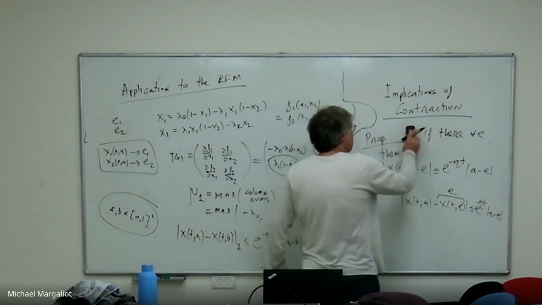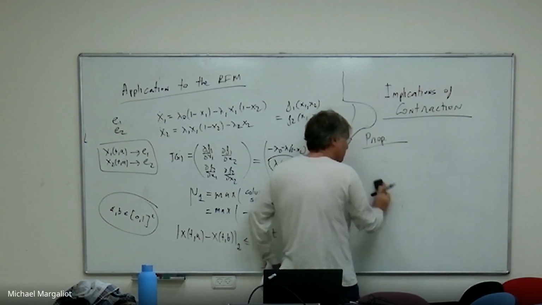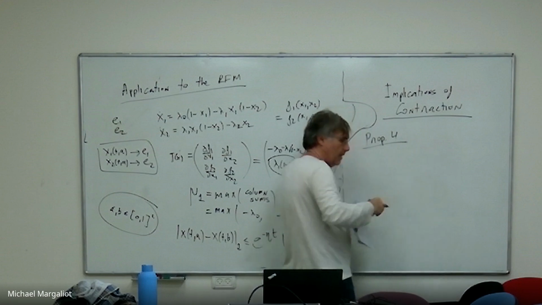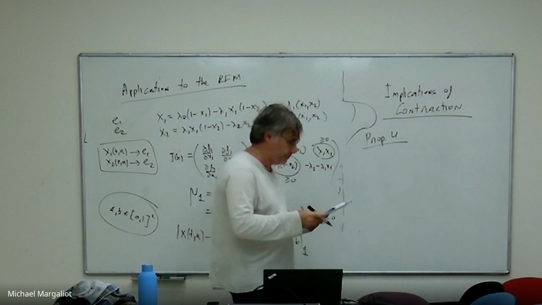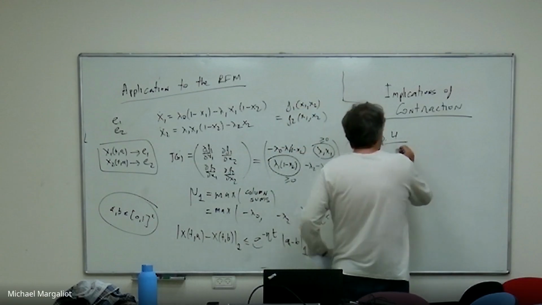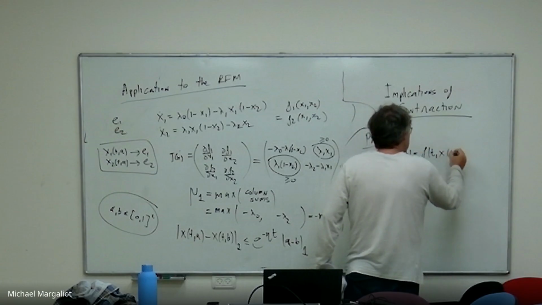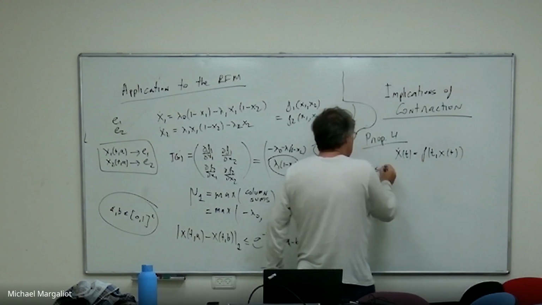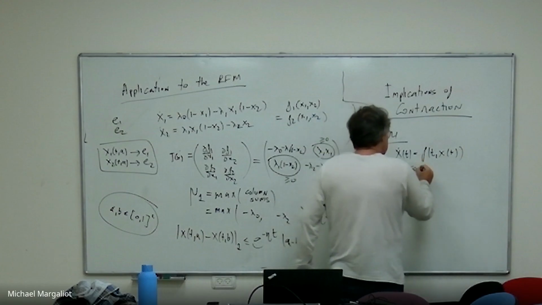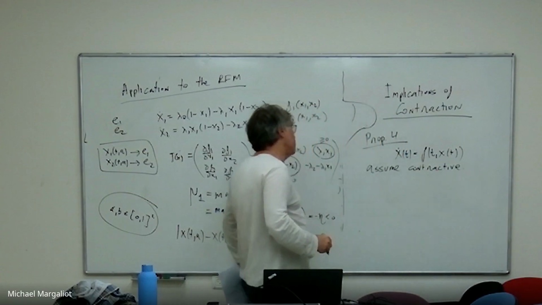Okay, so let me explain another implication of contraction. This is property 4 in the lecture notes that I will send you. Now, we look at the T-periodic vector field and assume that the system is contractive. So how can we relate this to the RFM?